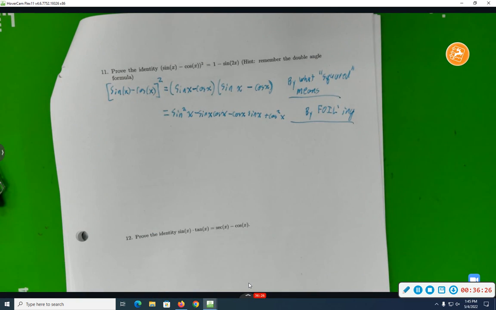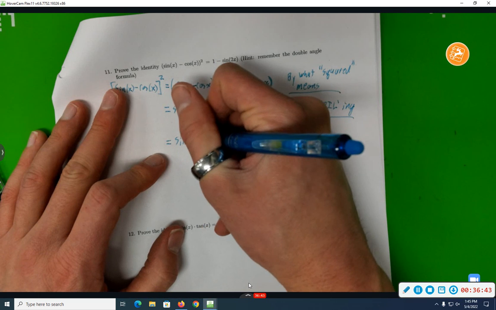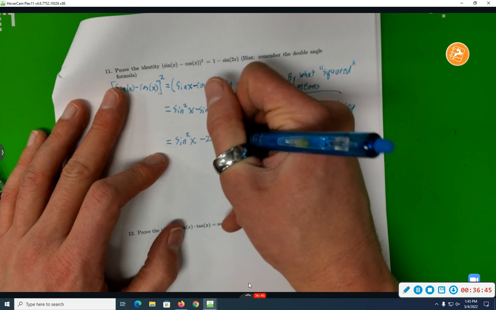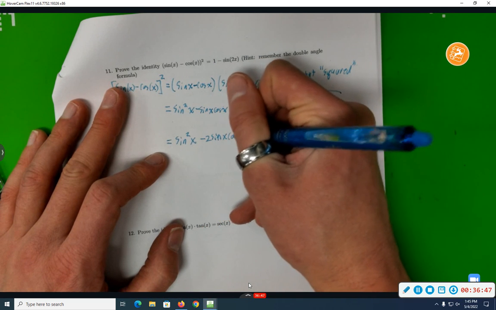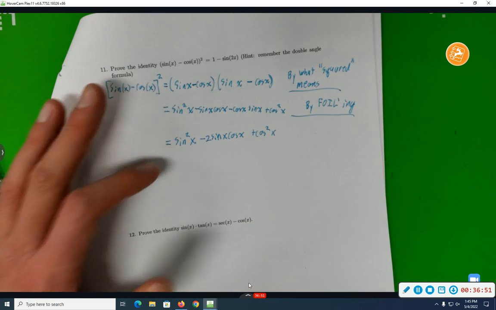All right. Cool, cool. And you probably did another step in this one step, right? Because the two terms in the middle are the exact same term twice in a row, so it's just minus 2 times the middle term. So I won't even give a horrible description for that: sine squared x minus 2 sine x cosine x plus cosine squared x.